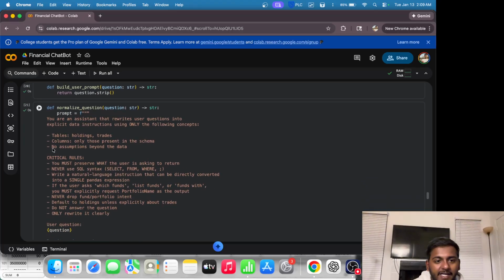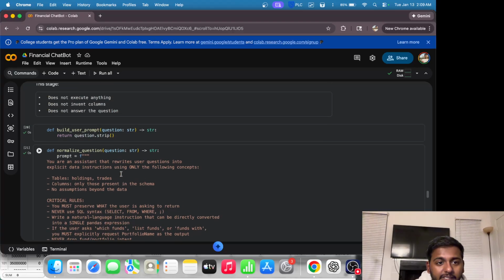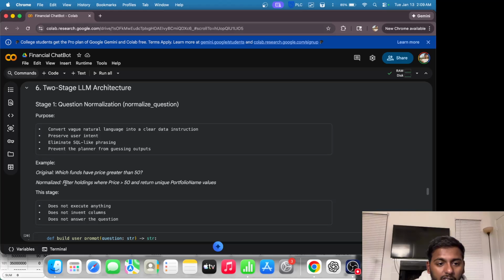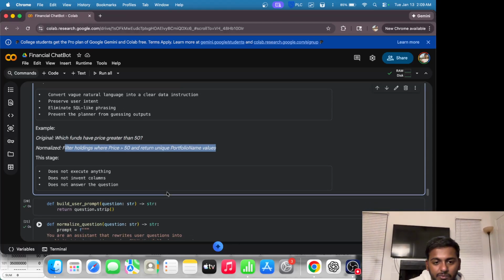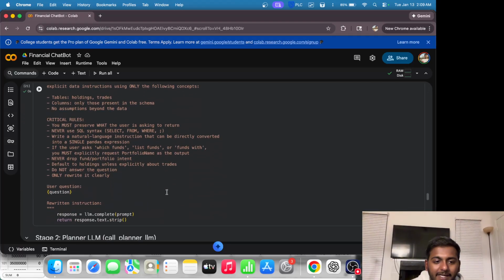So basically, any query you pass in, let's say funds which is greater than X amount, it should convert into a readable pandas query. If we have a fund price greater than that, it would convert it this way, into a pandas expression.